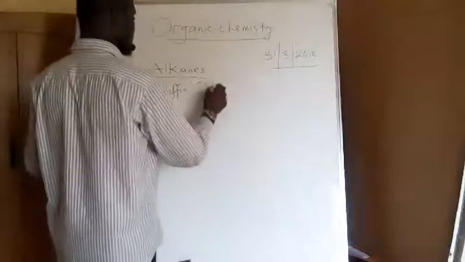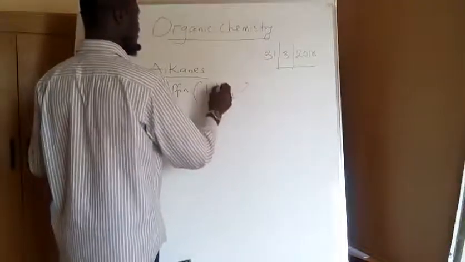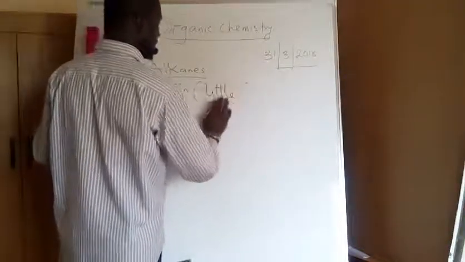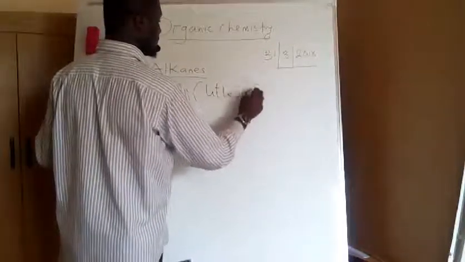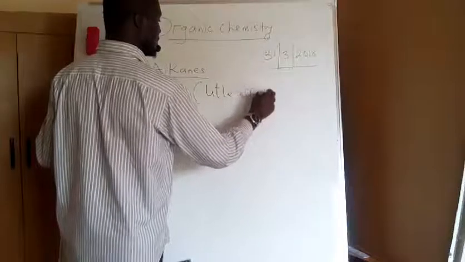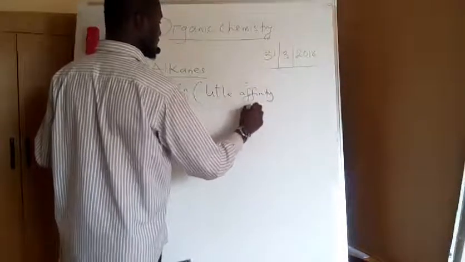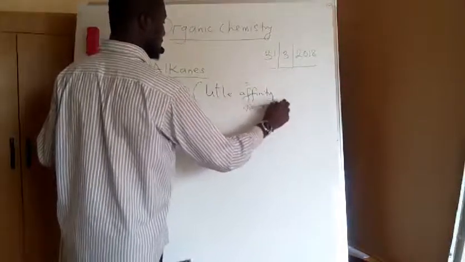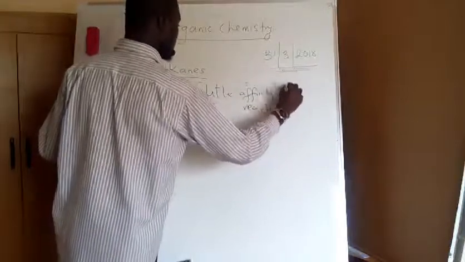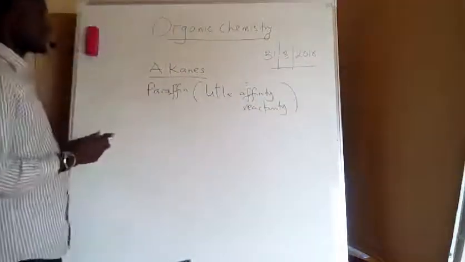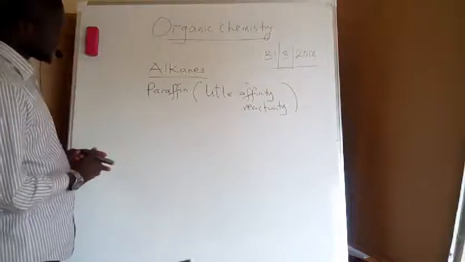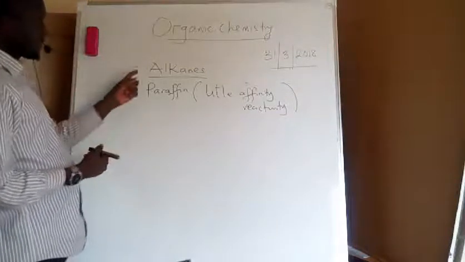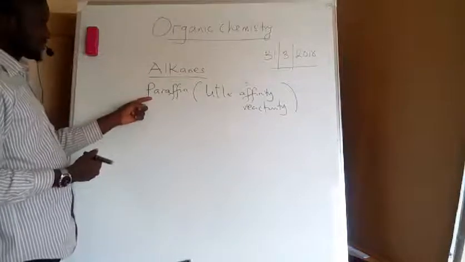Paraffin means little affinity, or little reactivity, meaning these compounds have little affinity or little reactivity. So an alternative name to alkanes is paraffin.